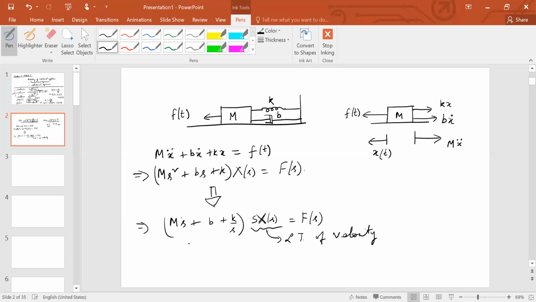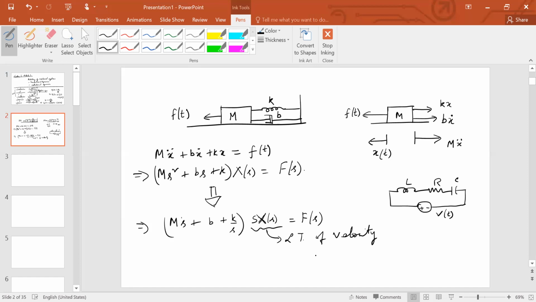It's a small s. So s times x of s is nothing but the velocity in the transform domain, all right? And this looks very similar to the usual equation that we write in an RLC circuit. This is the L, this is the R. Just to refresh your memory, we've done this already. And this is the voltage source, the V of t.